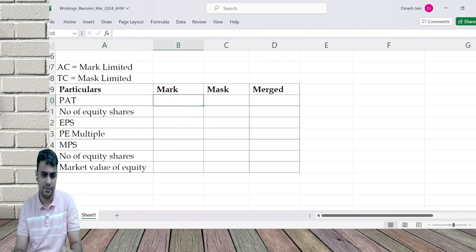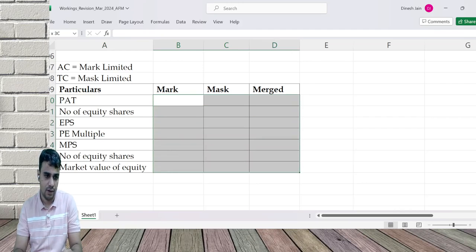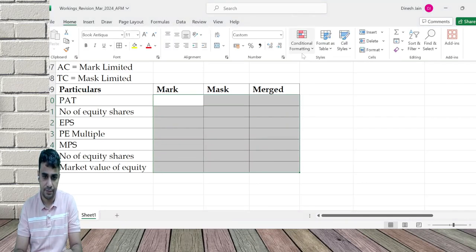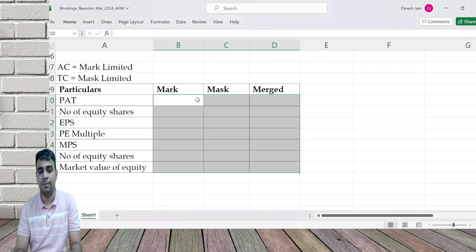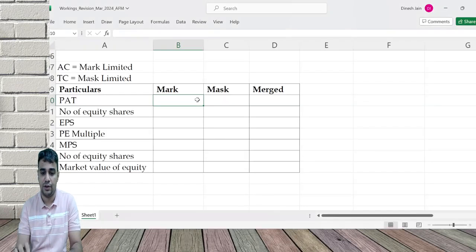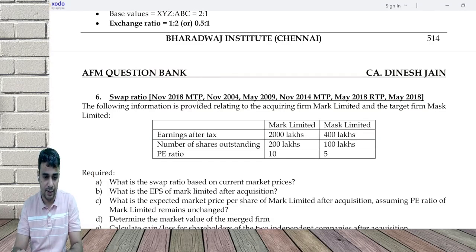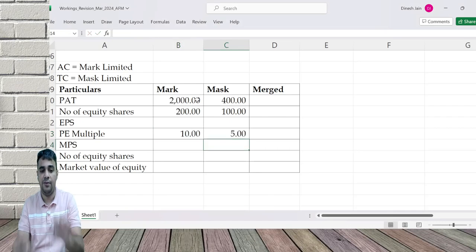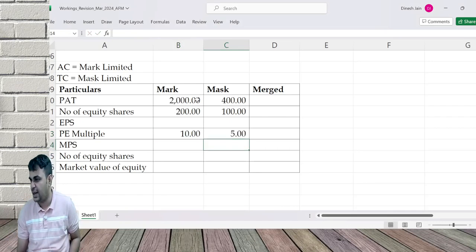Was a PAT given? I think we'll do it in lakhs. If data is there, let's copy it. Whatever data they have given, 2000 and 400, then 200 and 100, and then 10 and 5, just write that alone.